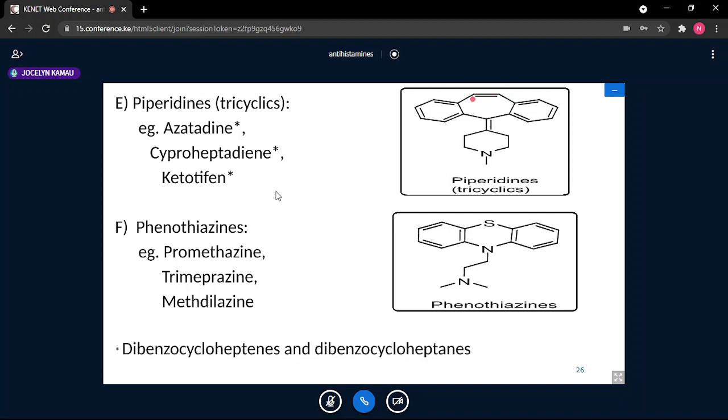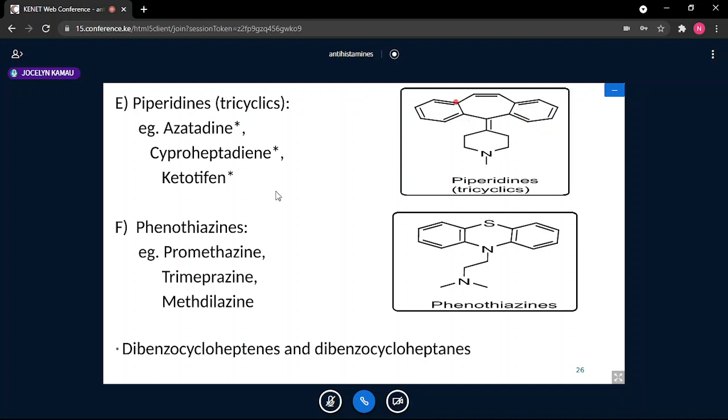When it has an unsaturation, like this one, that is a cycloheptene. When there is saturation, then it's a cycloheptane. We can also call this structure here dibenzocycloheptene or cycloheptane. Dibenzo, for the two benzene rings.